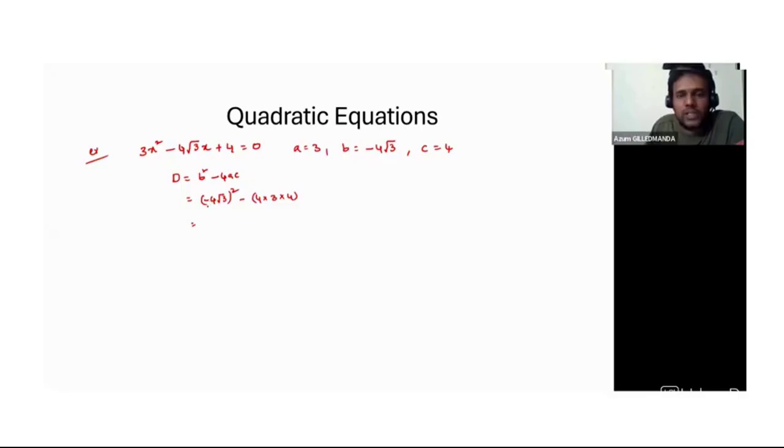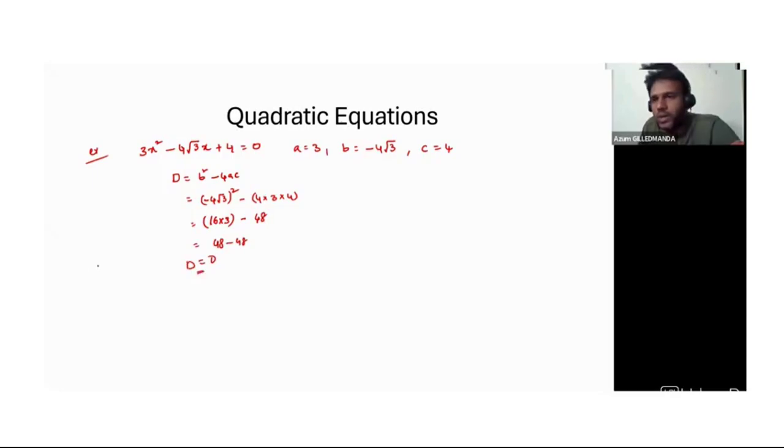So minus of minus is plus, and the value we'll get is a positive value. 4 square is 16 into root 3 whole square is 3. Right? This square applies to both 4 and root 3. Then 4 into 3 is 12. 12 into 4 is 48. So here 16 into 3 is also 48. So 48 minus 48. So discriminant, I got it as 0.